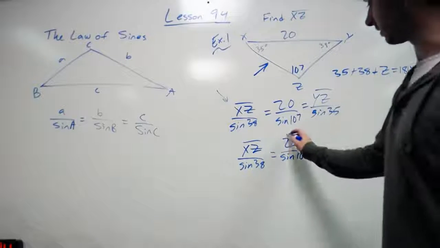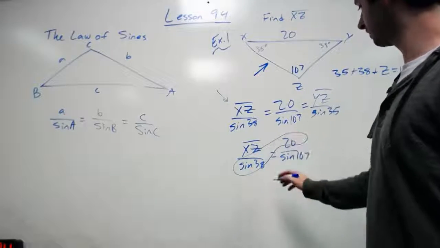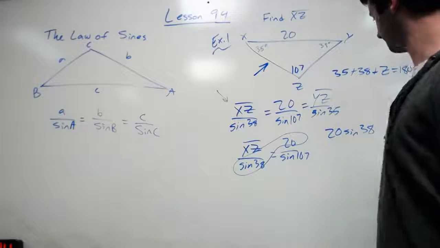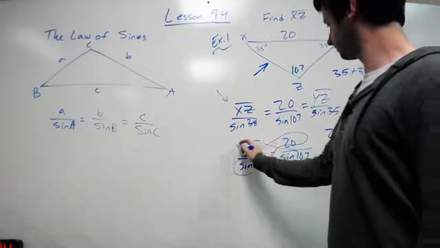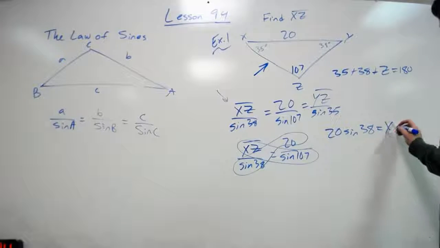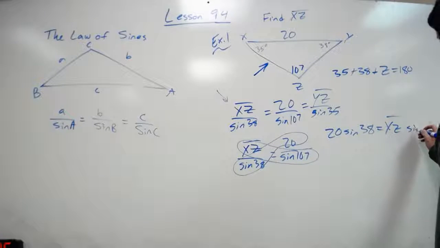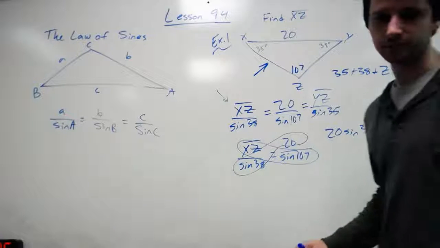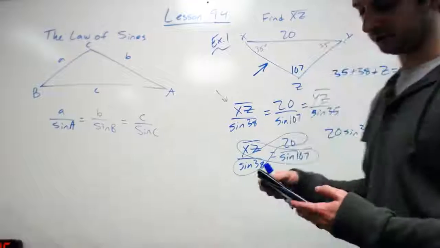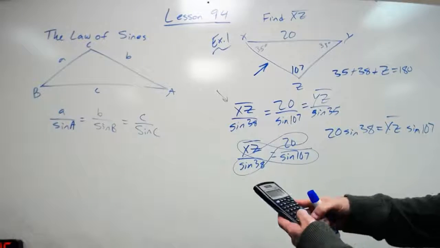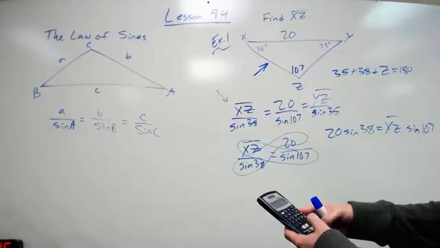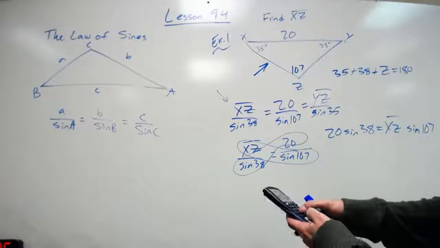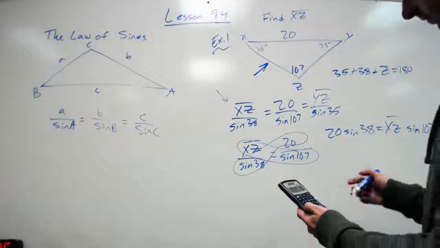So I cross multiply: 20 times sine of 38 equals xz times sine 107. Now I'm going to use the calculator. 20 sine 38 is 12.31.